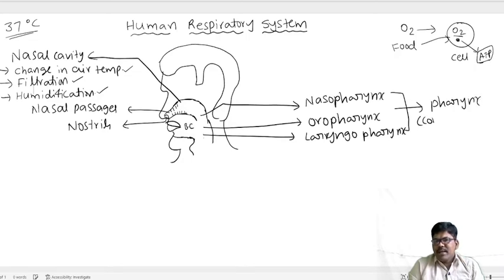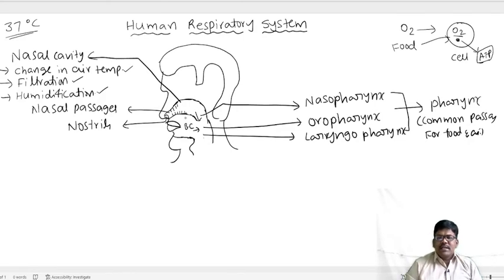Pharynx is the common passage for both food and air. If you observe here, the air which enters the nasal cavity will reach the pharynx. Even the food which enters the buccal cavity will reach the pharynx.